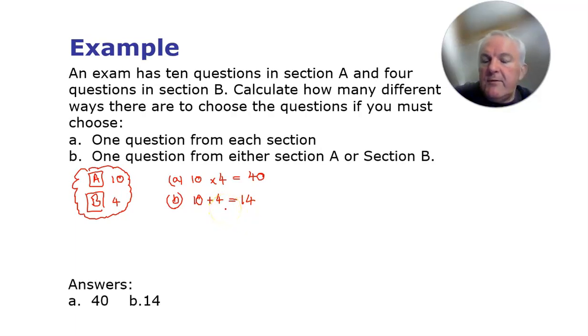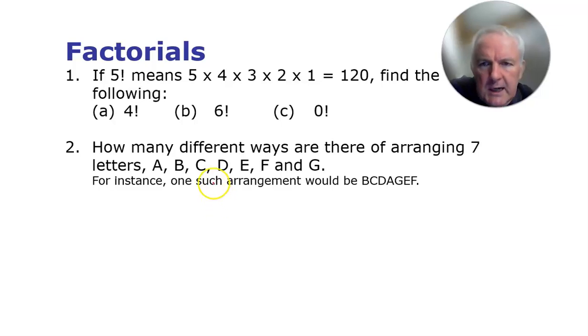14 and 40, yes. Now, I should also make sure you're aware of what this factorial notation is. It's always written with an exclamation mark. So, for instance, 3 factorial is usually written as 3 times 2 times 1. It doesn't really matter what order you write them in, but 3 times 2 times 1 is 6.